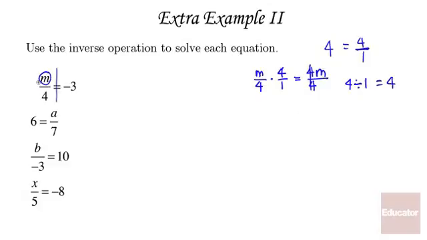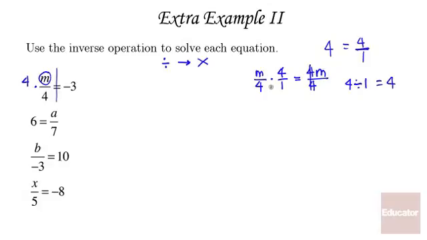So that's why the inverse operation, if this is m divided by 4, the opposite of divide is multiply. So if I want to get rid of this 4 down here, then I have to multiply the 4. Okay, again, I'm using the inverse operation.